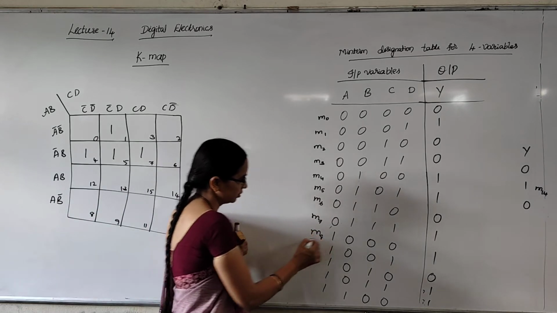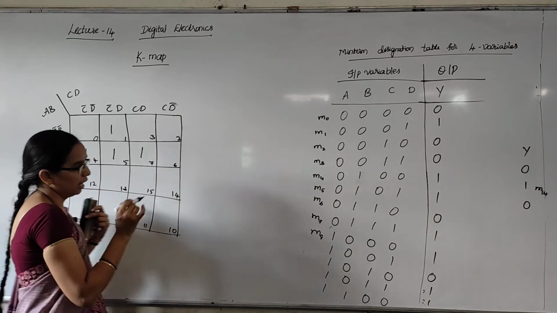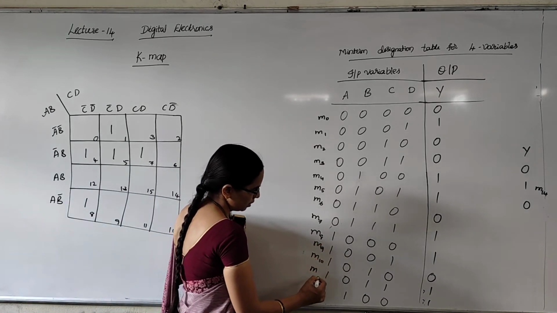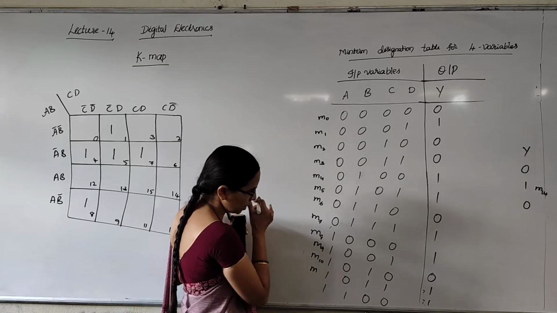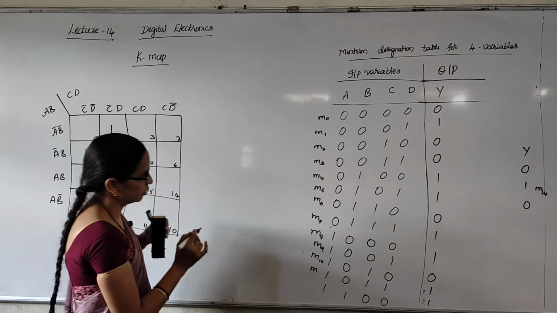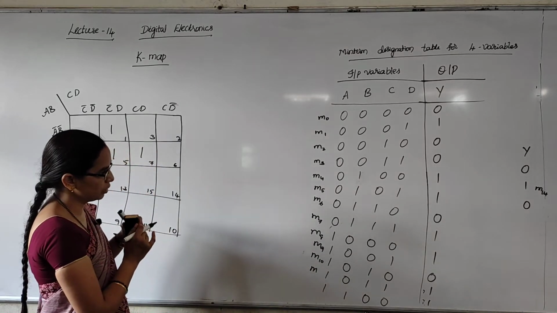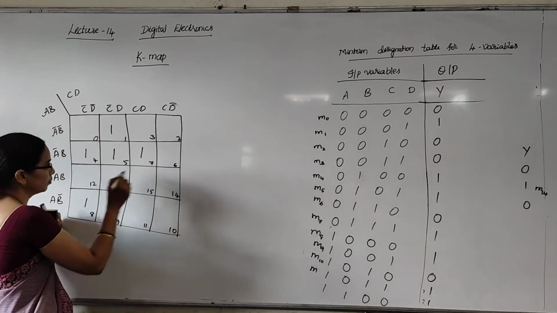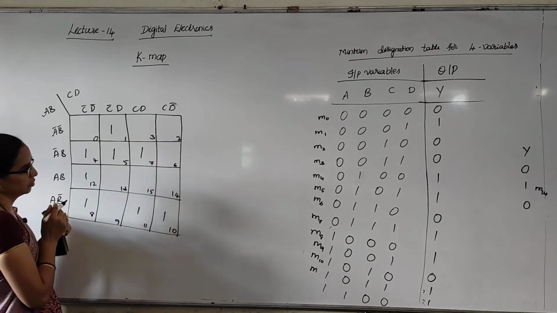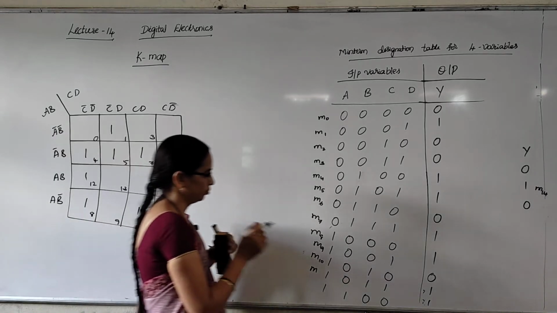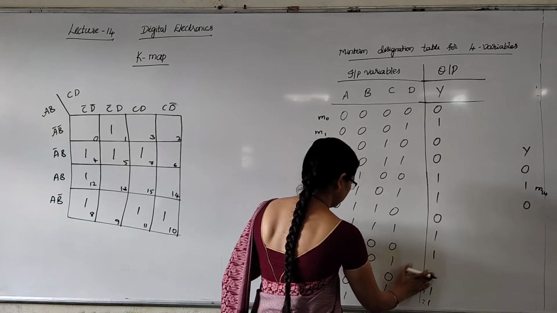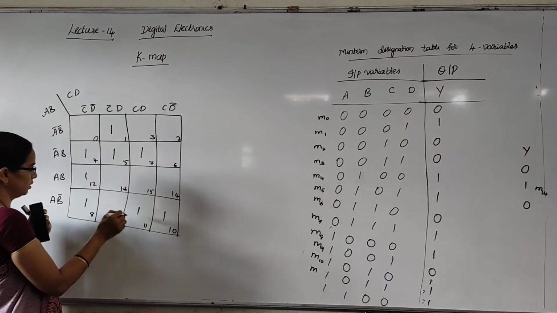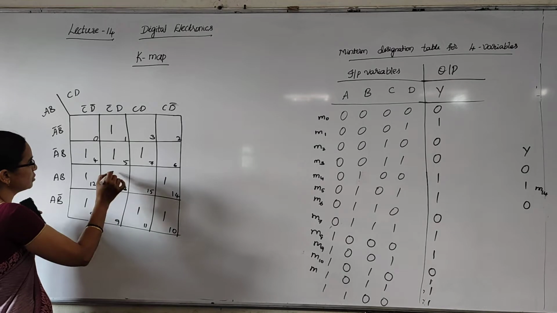M8 is high, 9 is 0, M10 is high, M11 is high, 12 is high, and 14 is high, others will be 0.